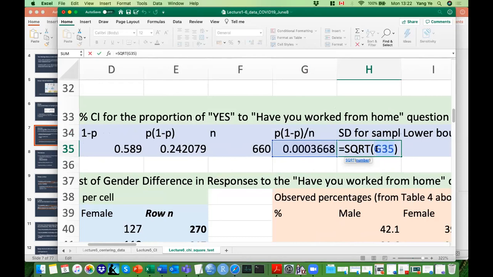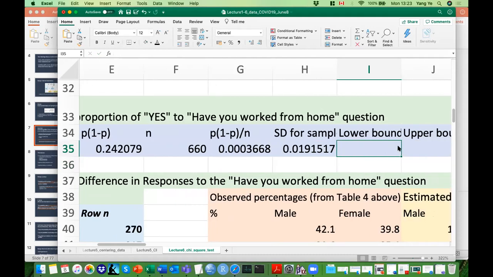For those who are not familiar with Excel, this is how it works. This is a function called square root, and under the function, it shows you what argument it takes. In this case, it takes an argument of a number, which is the value G35. So you got a standard deviation of 0.019.